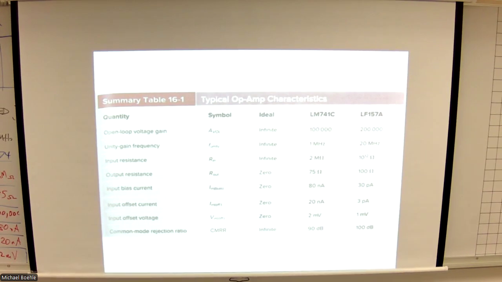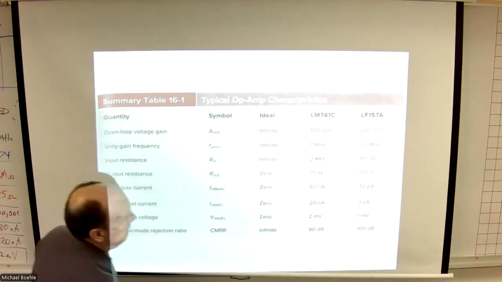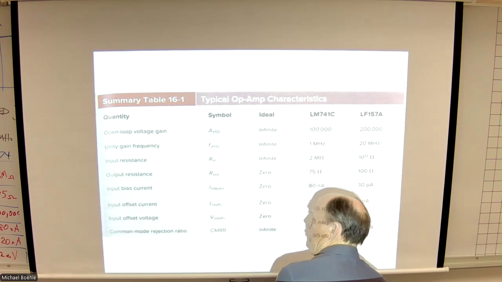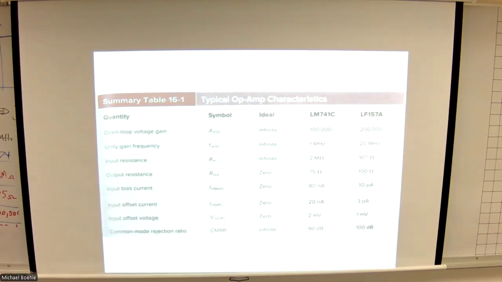Now, some of the other aspects of my op amp that I need to talk about, some of them are summarized in a few diagrams that are in the text, and I've got them up here, and then I'll throw a little other stuff on the side over here when I'm ready for that.